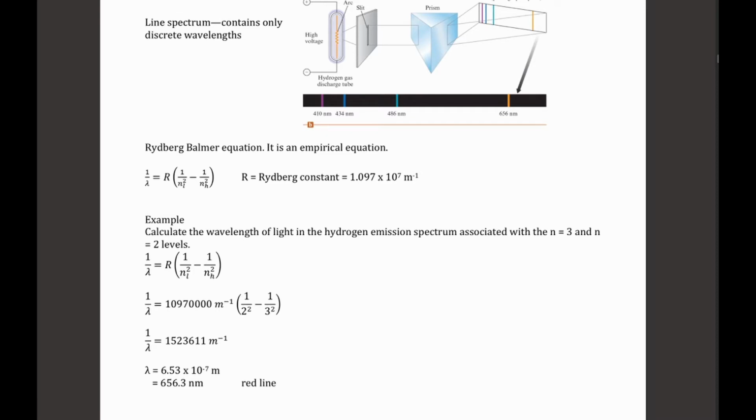1 over lambda equals R times 1 over n lower squared minus 1 over n higher squared.